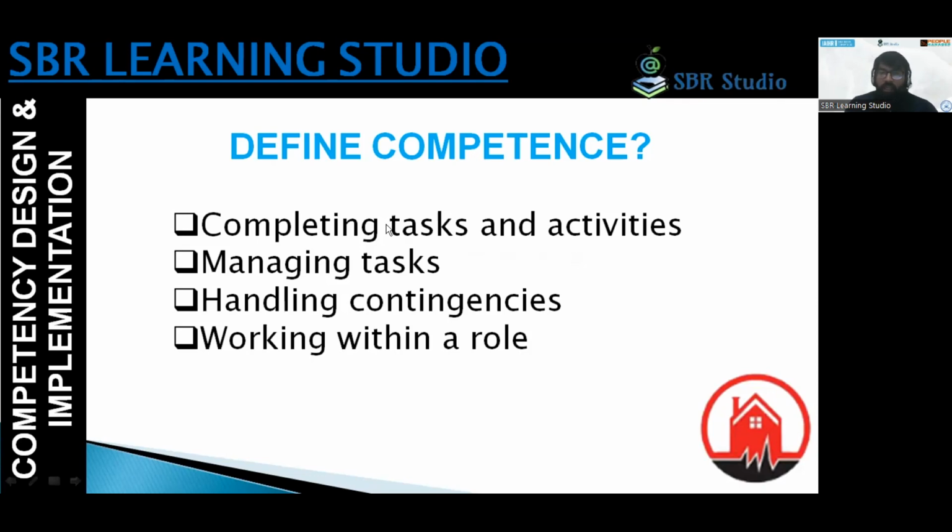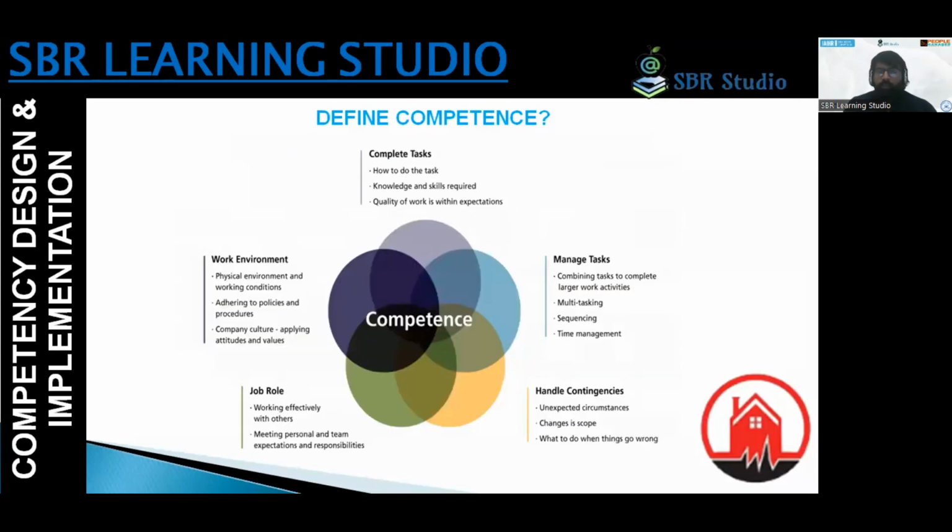But at each level, you should have the behavior competencies, which are determined by the image I have shared with you, the three levels of the competency. Whether at the broader level or the micro level, when you are defining the competence, there may be different types of tasks the individual is required to complete, like how to do the task.